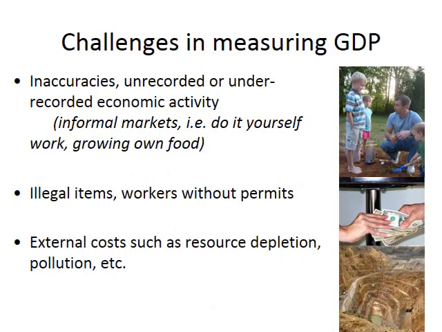Changes in measuring GDP. We can have inaccuracies, unrecorded or underrecorded economic activities, such as informal markets, such as do-it-yourself work, growing your own food. We could have illegal items, workers without permits that aren't included in GDP, or we could have external costs such as resource depletion and pollution.